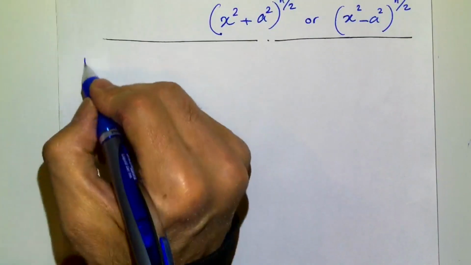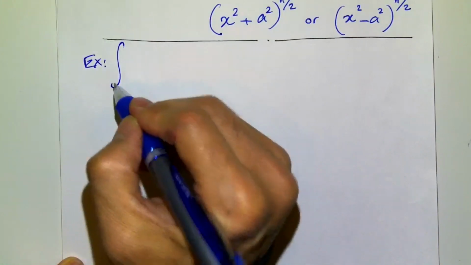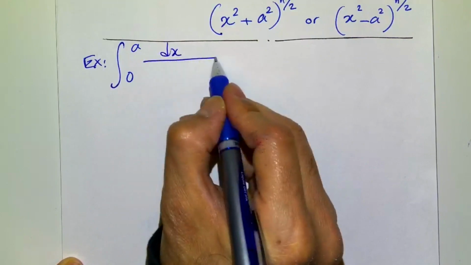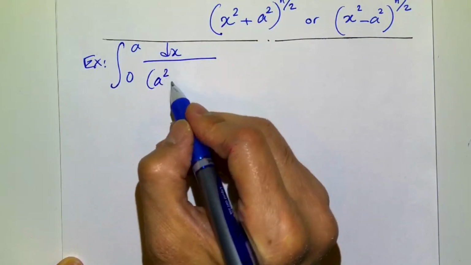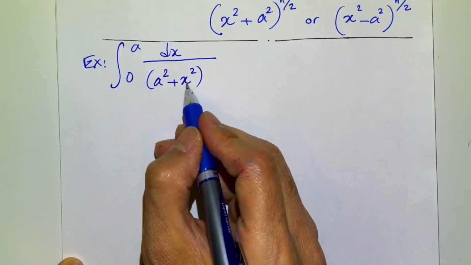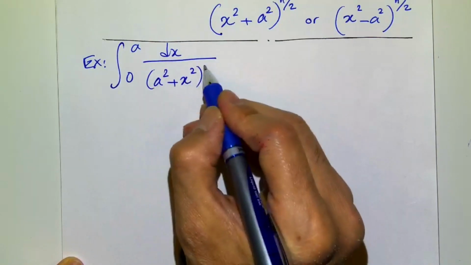So we want to evaluate from 0 to a this integral dx over a squared plus x squared to the 3 over 2 power, where, of course, a is greater than 0. That'll be x equals a tangent theta, right, because of this.